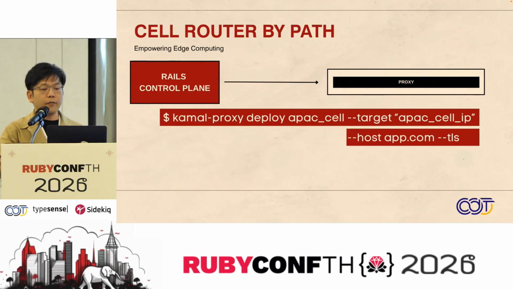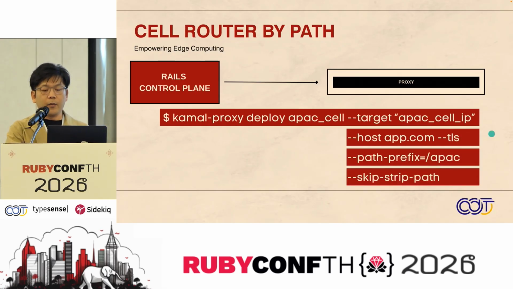Another type of routing is routing cells by path. So far, we already did the domain routing, right? And then we can teach it which path should be routed to which cell. We can define routing rules so that users in maybe Europe hit a European cell, users in Asia hit an Asian cell.